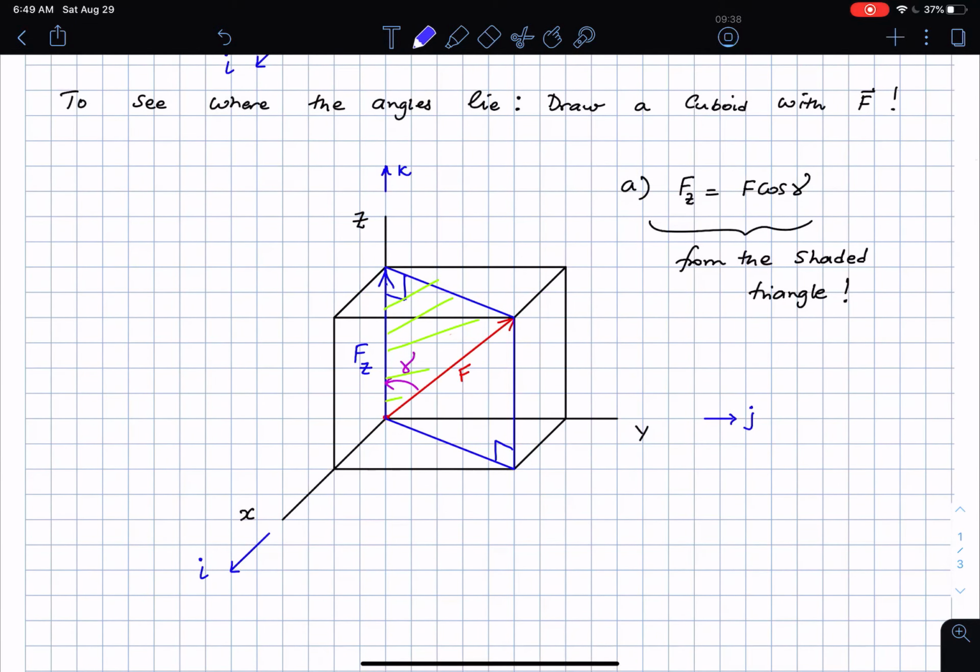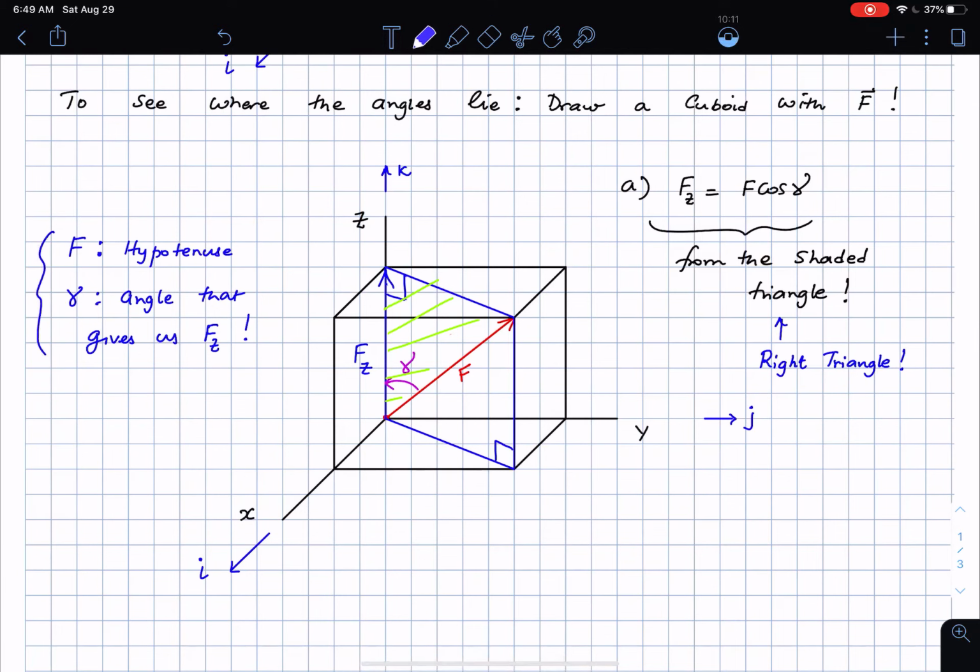Here, the shaded triangle is a right angle triangle, and in this triangle, F is the hypotenuse and gamma is the angle that gives us Fz.